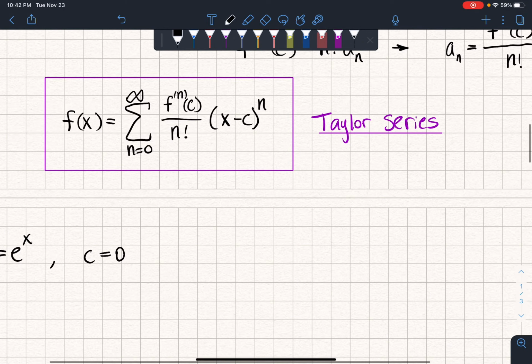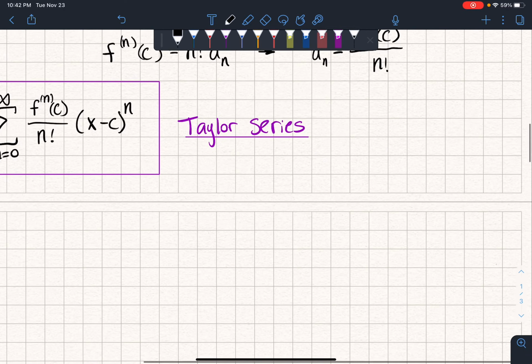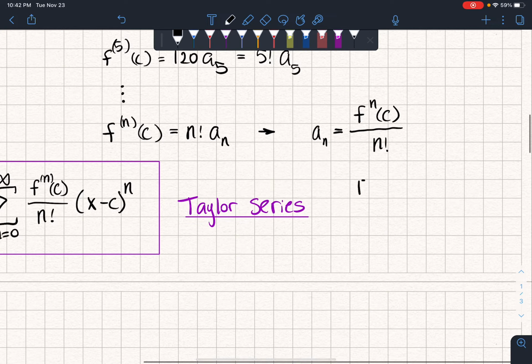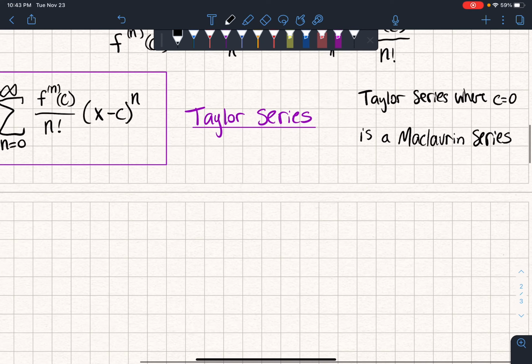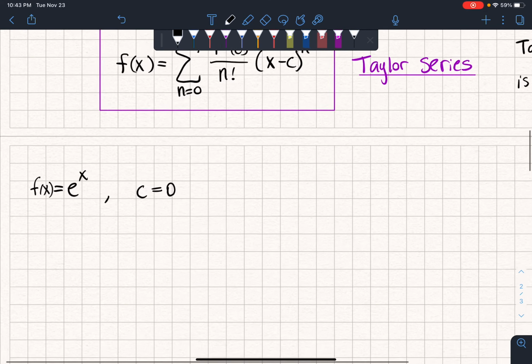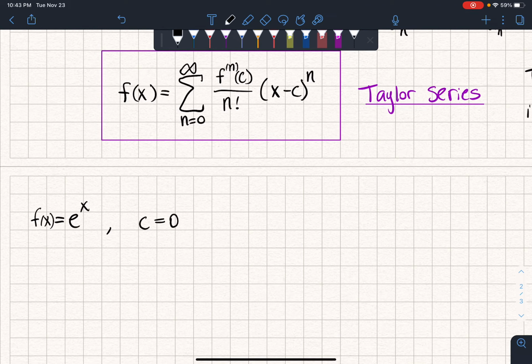By the way, a Taylor series where c equals 0 is a Maclaurin series. So a Maclaurin series is a Taylor series, just with c equals 0. So essentially what I'm saying is let's find the Maclaurin series for e to the x.